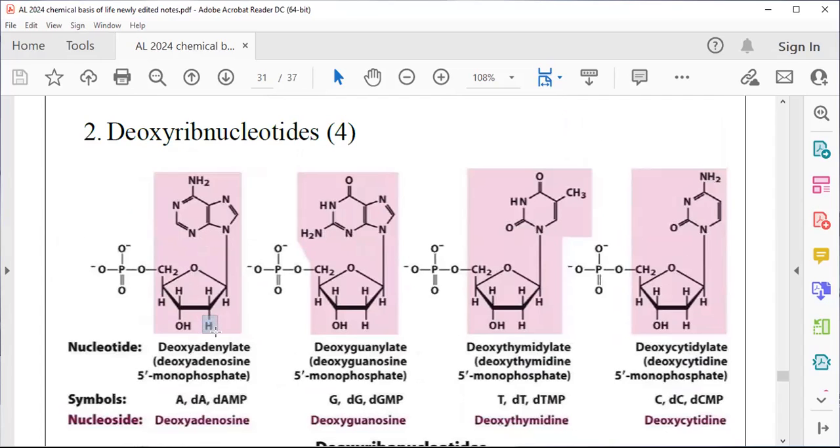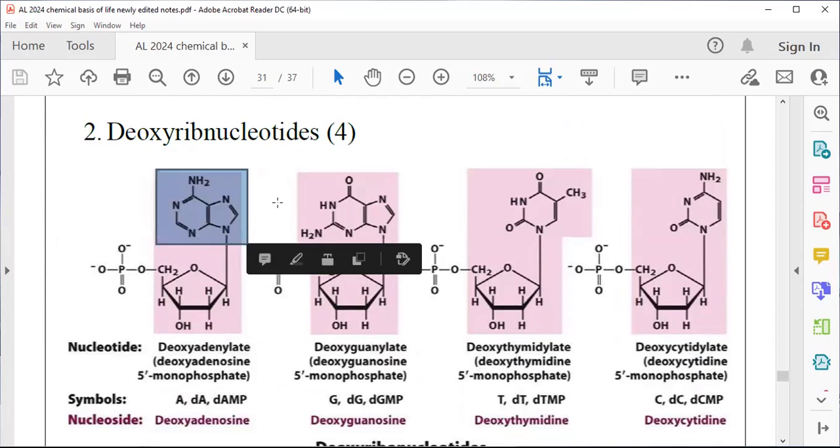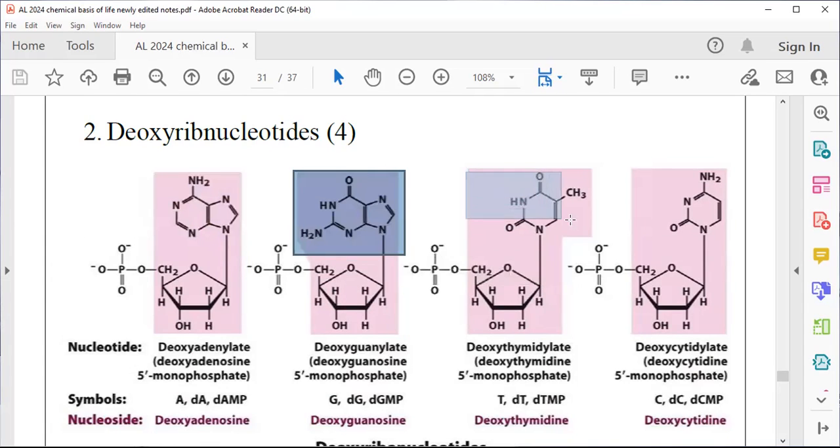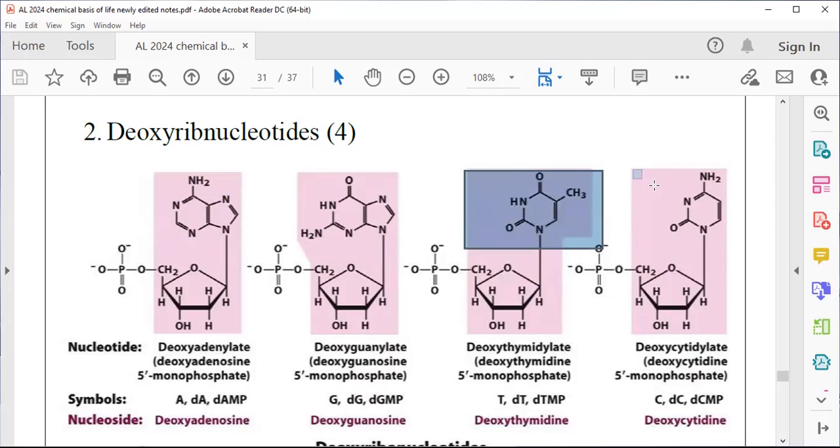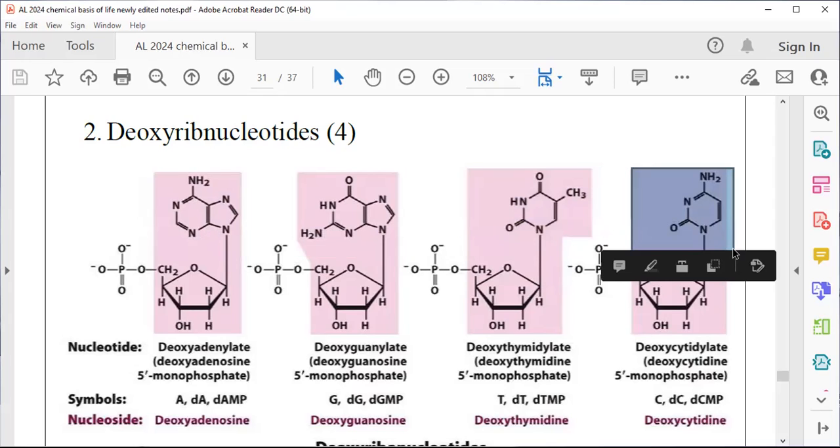If it is only hydrogen there, deoxyribose sugar. So here this is adenine, this is guanine, this is thymine, this is cytosine.